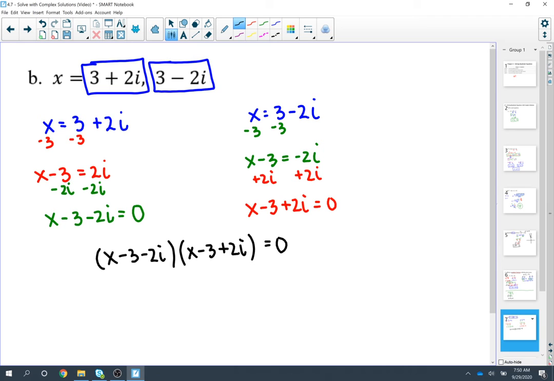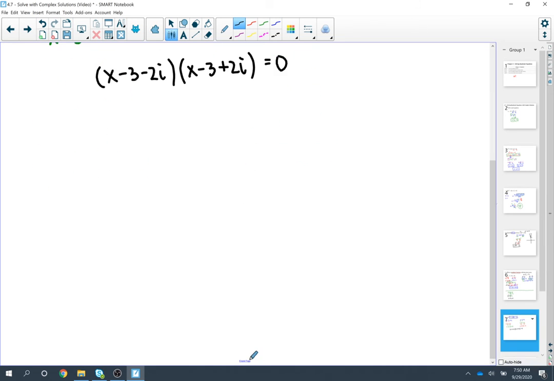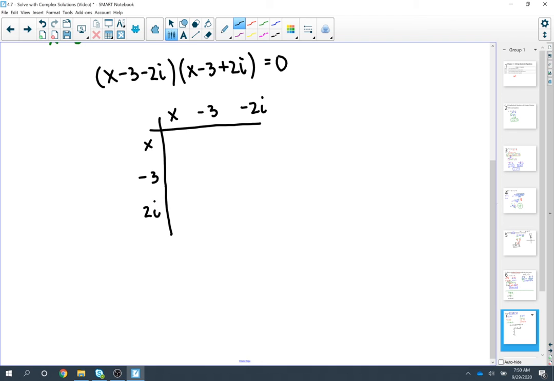At this point, this is pretty much a function. Honestly, we could just erase the equals 0, put f of x in there, and we'd be good. But we're going to practice standard form. Because this is a trinomial times a trinomial, I'm going to use a box. I have an x, a negative 3, a negative 2i. I have an x, a negative 3, a positive 2i. Please use a box.